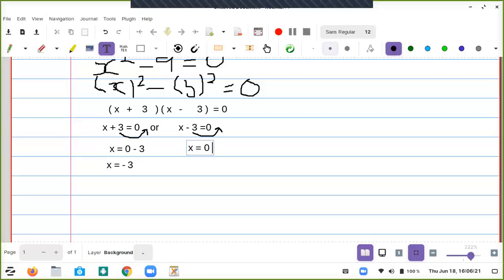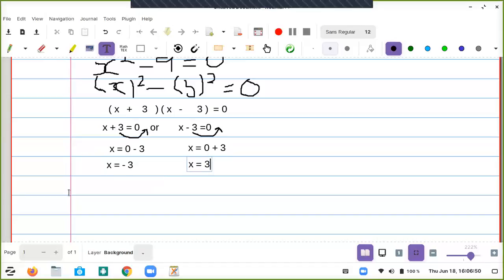Now, the negative 3 that we transposed went over the equal sign, isn't it? Which means it becomes what? Positive 3. Then we simplify the right-hand side, which means x is equal to 0 plus 3, we come up with 3. Then there's no other simplification to be done.